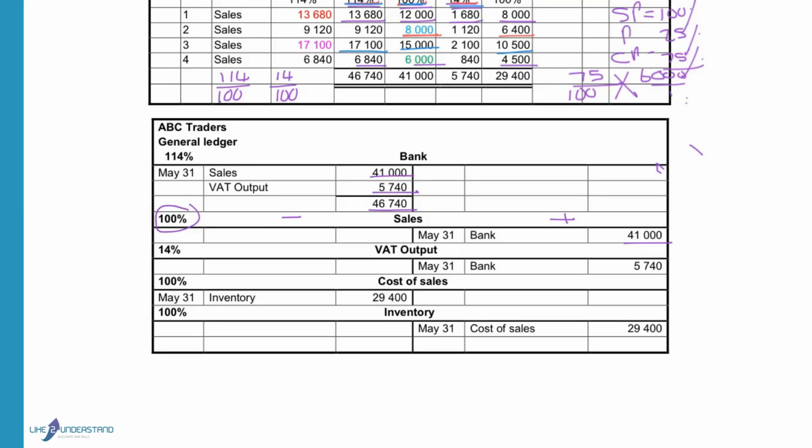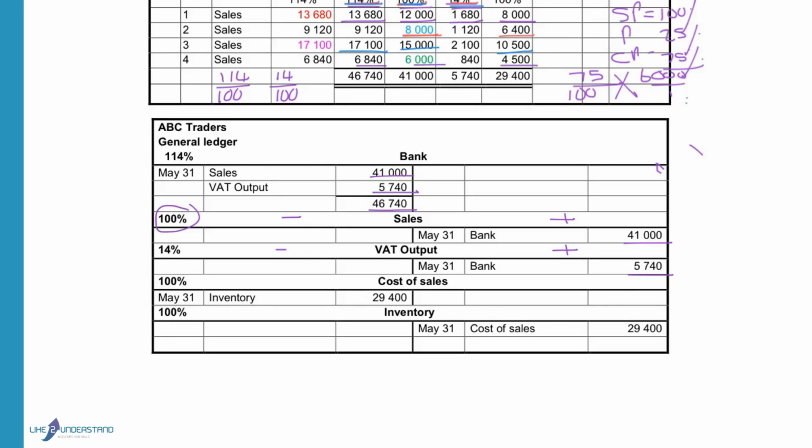VAT output liability will increase on the credit side with the 5,740, and that is the amount that we collected on behalf of SARS, and the business owes this money to SARS, so it is a liability.